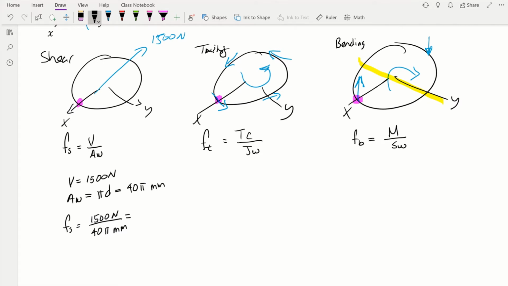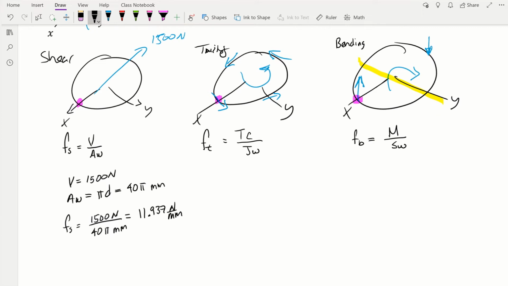And if I plug it in the calculator and don't make any mistakes, I'm getting 11.937 newtons per millimeter. And you're going to see that every time, the forces acting on the welds are going to have units of force per millimeter.